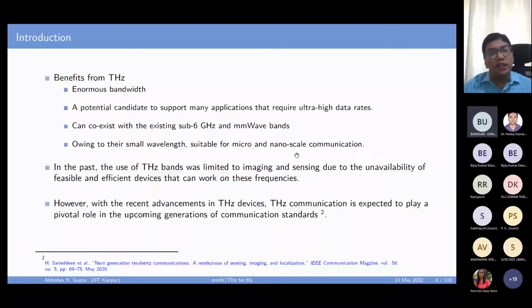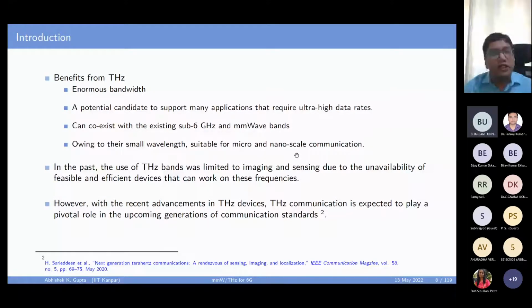The benefits of terahertz are that it has enormous bandwidth. It can support applications that require ultra high rates, and it can also coexist with sub 6 gigahertz and millimeter wave bands. Owing to the small wavelength, you can also think about micro or nanoscale communication, where you're communicating with devices at a very small scale.